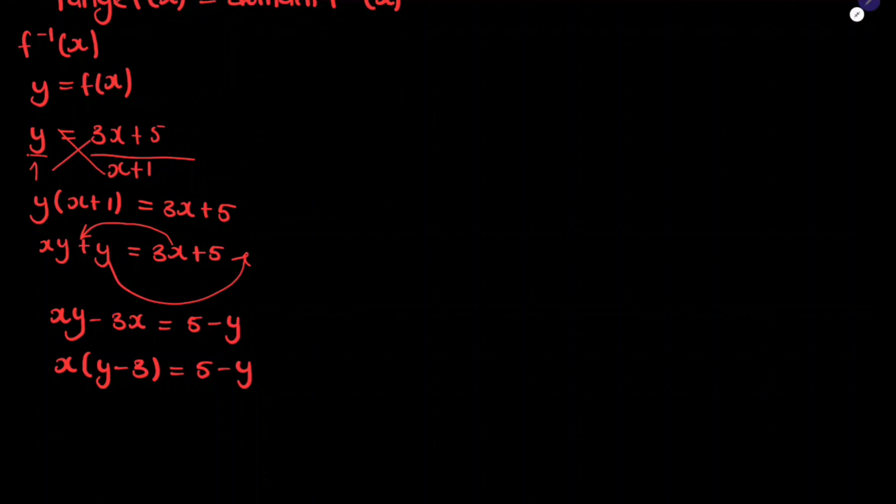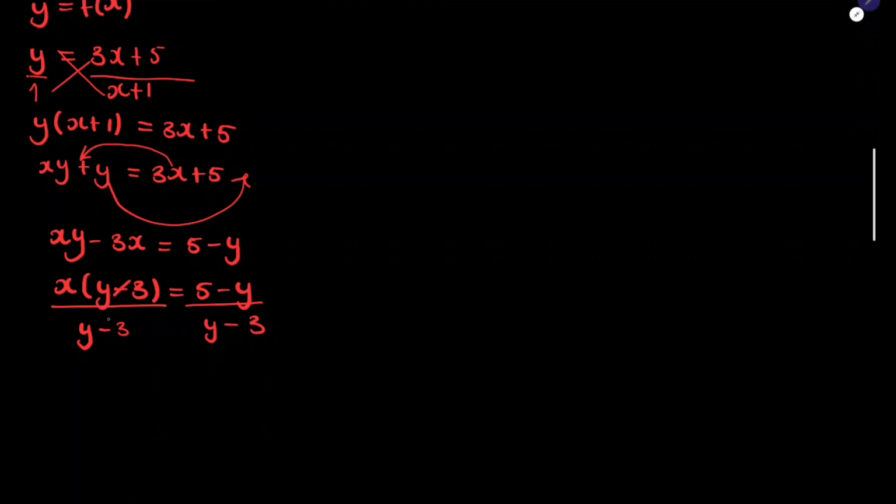And now, since we are solving for x, we are going to divide both sides by y - 3. So here we have (y - 3) divided by (y - 3). Okay, so this will cancel. So we are going to have x is equal to (5 - y) divided by (y - 3).